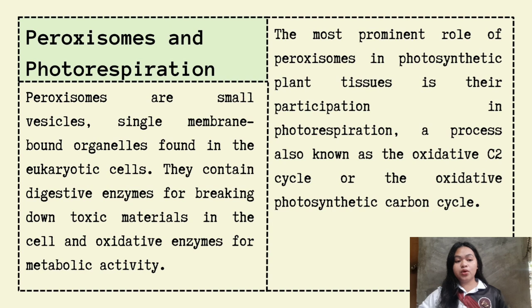The most prominent role of peroxisomes in photosynthetic plant tissues is their participation in photorespiration, a process also known as the oxidative C2 cycle or the oxidative photosynthetic carbon cycle. Peroxisomes contain all the enzymes to carry out photorespiration.